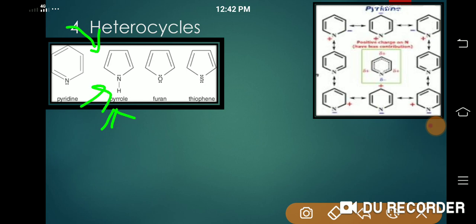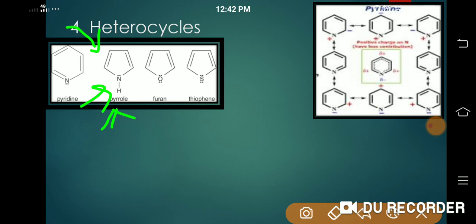But since this nitrogen is connected to an sp2 hybridized carbon atom, its lone pair is not available on the nitrogen. It is involved in the delocalization. Hence, it is considered to be an sp2 hybridized nitrogen.